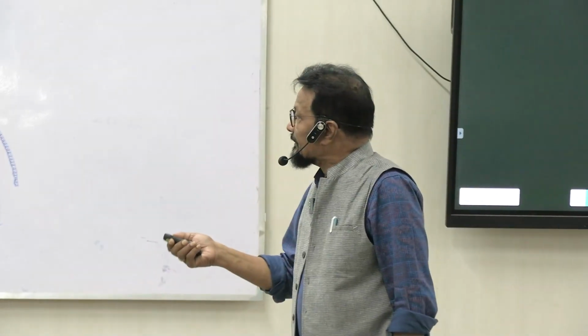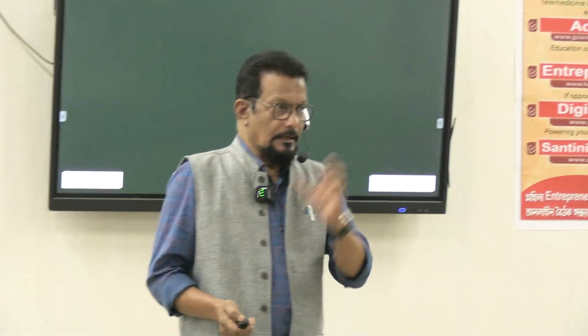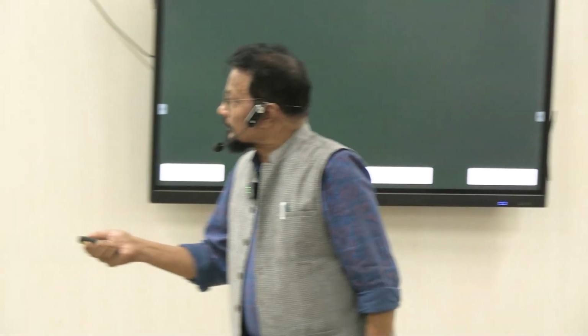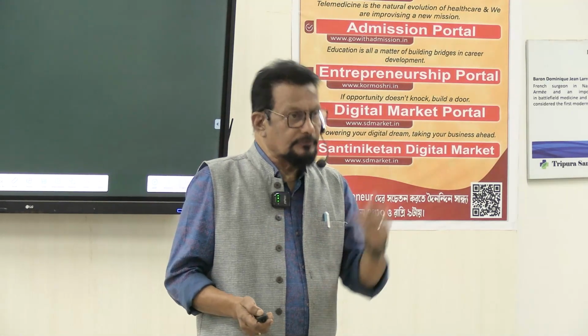What are these? There will be the digestive tract and some accessory organs that support digestion. The tract starts from the mouth, then pharynx, then esophagus, then stomach, then small intestine.